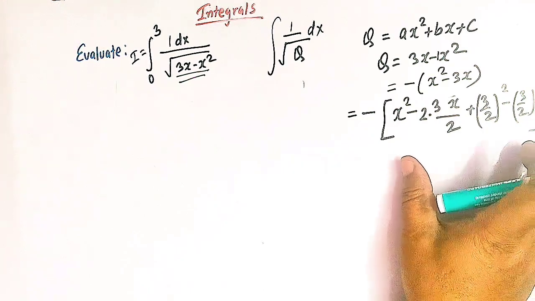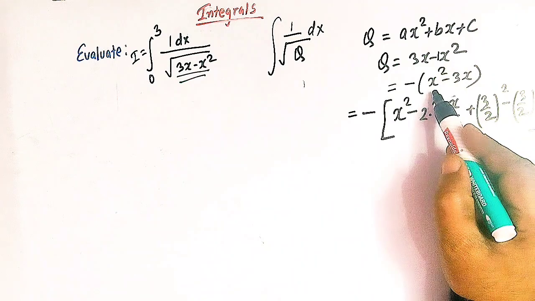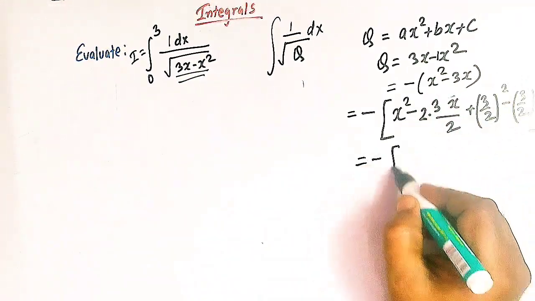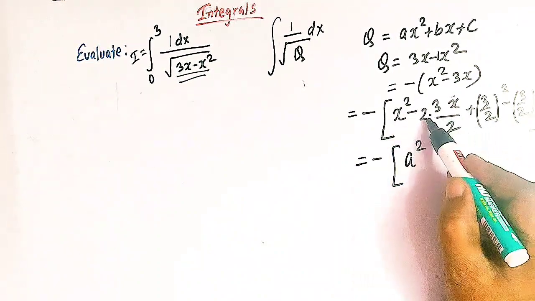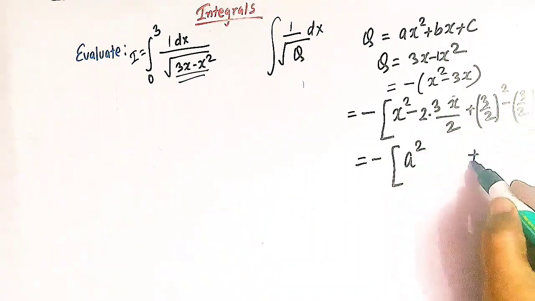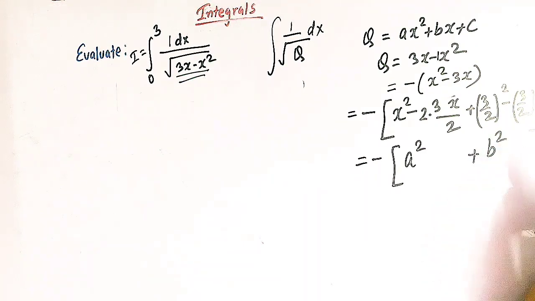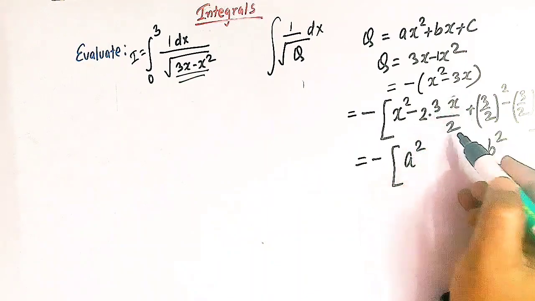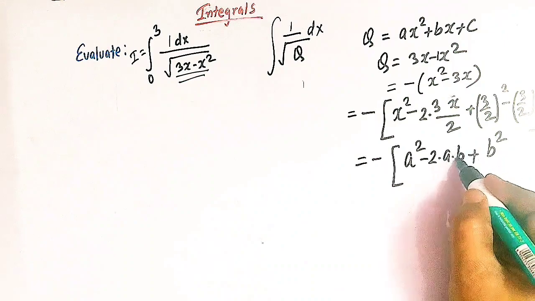So this is the usual method of changing a quadratic polynomial into a perfect square. So now we have x square as a square, then we have the term 2ab, right? So here we have 3 by 2 whole square as b square, right? And the middle term, that is 2 times 3x over 2, is minus 2ab, right?